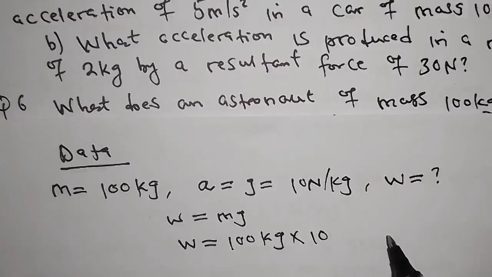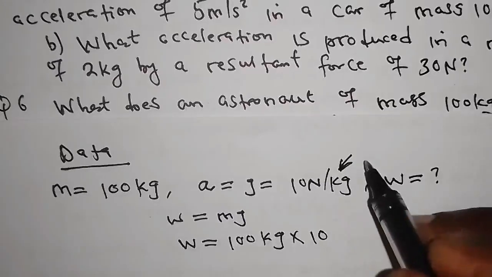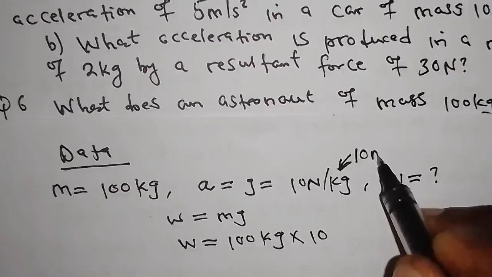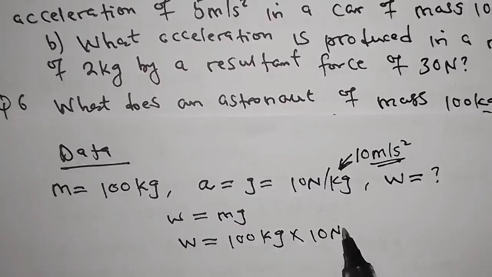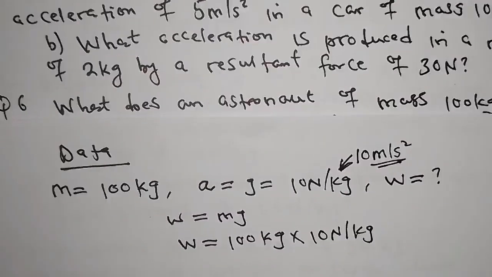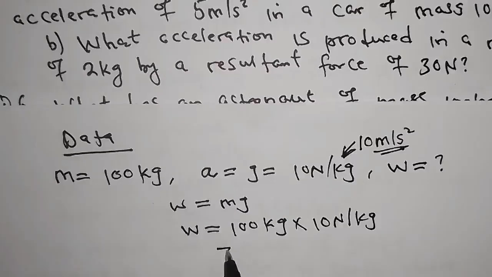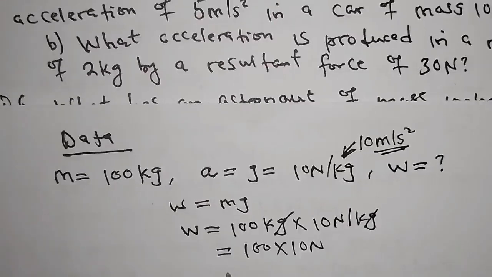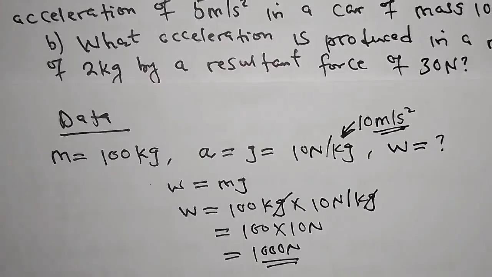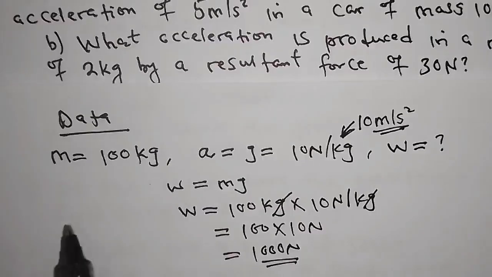On Earth, sometimes this 10 is written as 10 meters per second squared. This is Newton per kg, and the kg cancels, so you have 100 multiplied by 10 Newton, which gives you 1,000 Newton. That is the answer on question 6A.